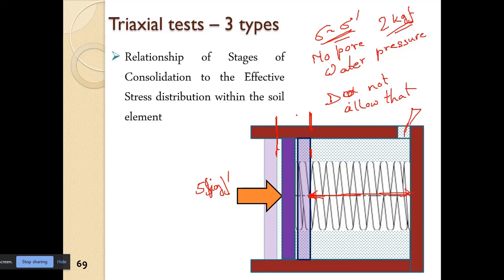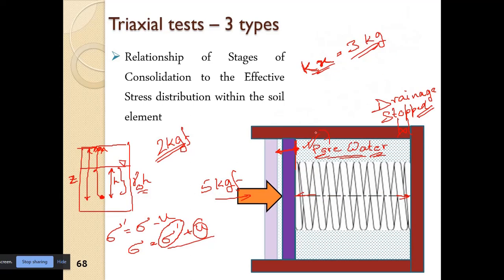Instead of being compressed up to here, the soil will be consolidated up to this state, right? So here we have that difference. Instead of being consolidated up to here, we have the spring compressed up to here. So we have this amount of load taken up by the spring, and the rest we have the pressure in the water.